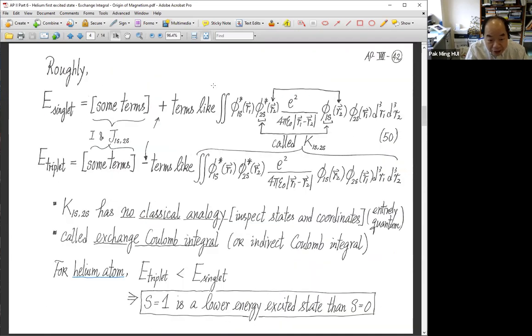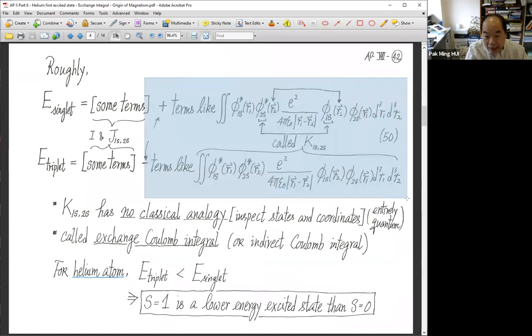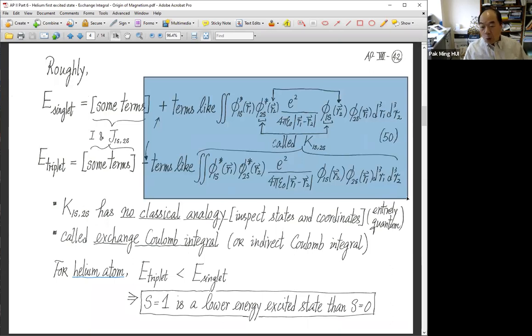This is the exchange integral, or the indirect integral. I highlighted here. The two integrals are the same. The only difference is the sign before it. You see a plus, you see a minus. The other terms are the same.